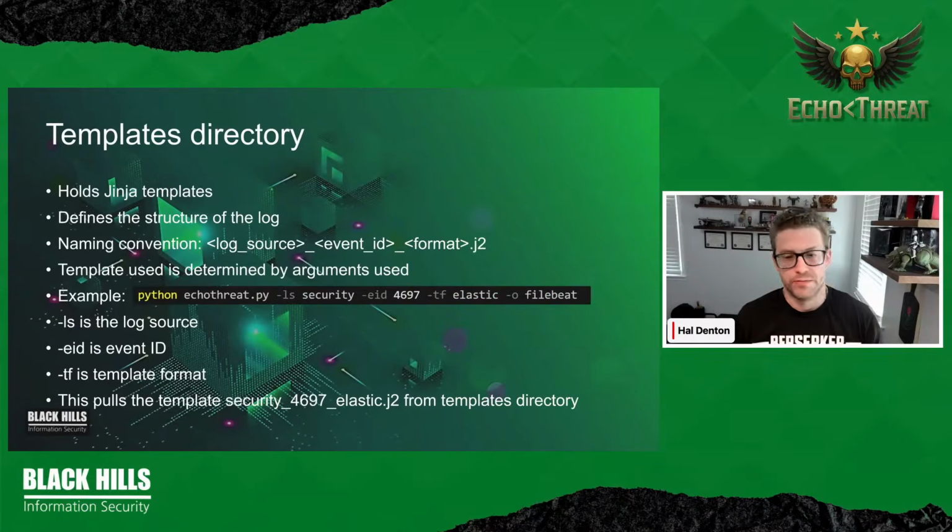All right, templates. This directory holds our Jinja templates, which define the overall structure of that template. We want it to be as authentic as possible, so a lot of this is designed in JSON. When we talk about the field names that match the field naming conventions, we want it to align to that SIEM or that product, that solution.